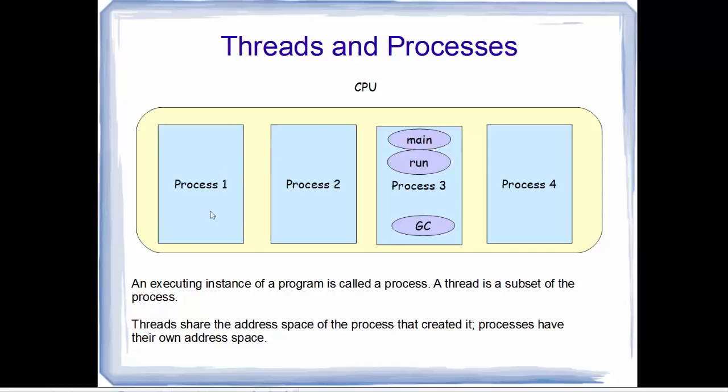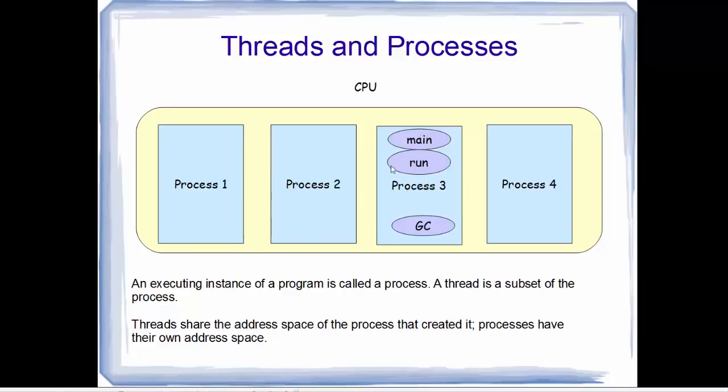So these are different processes running on it. What is a process? An executing instance of a program is called a process. So process 1, process 2, process 3, and process 4 are the executing instances of a program. Now a thread is a subset of a process.